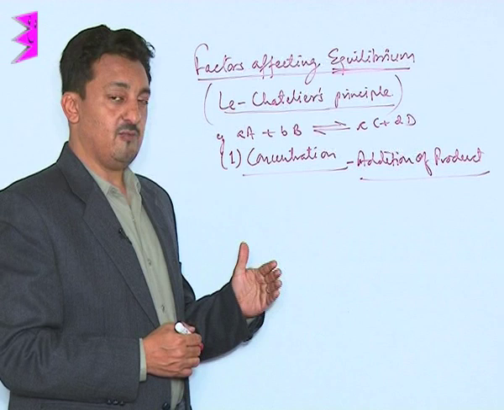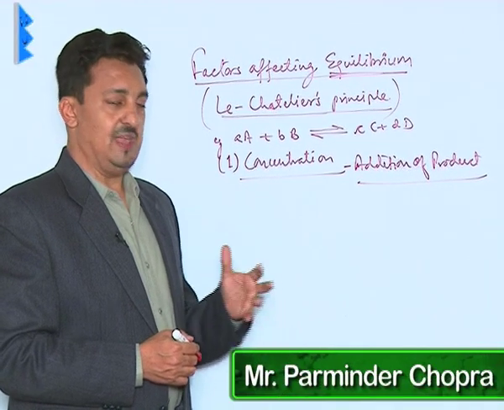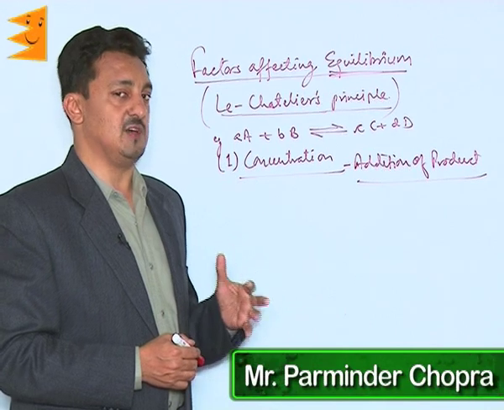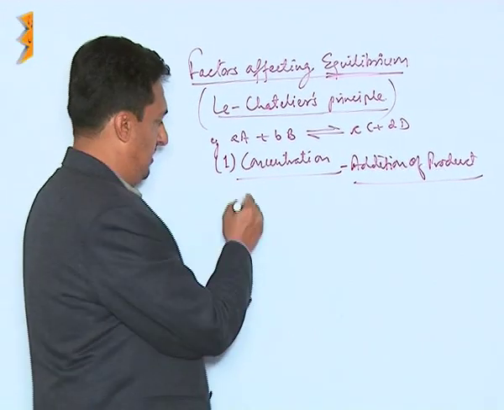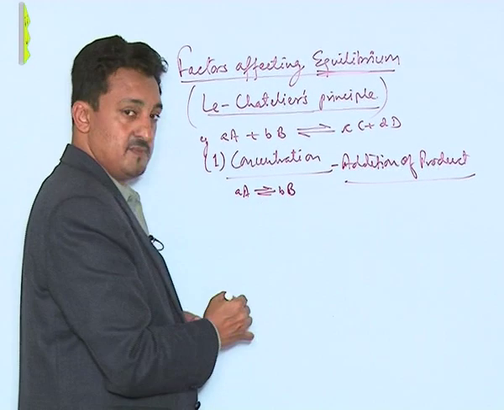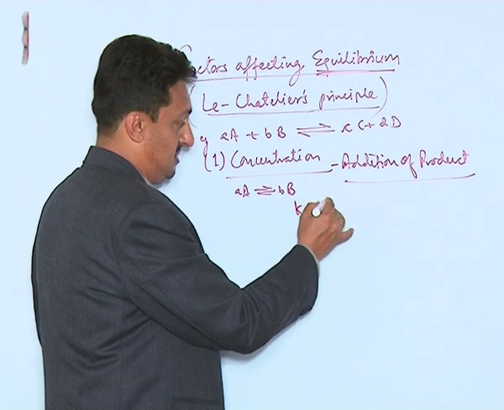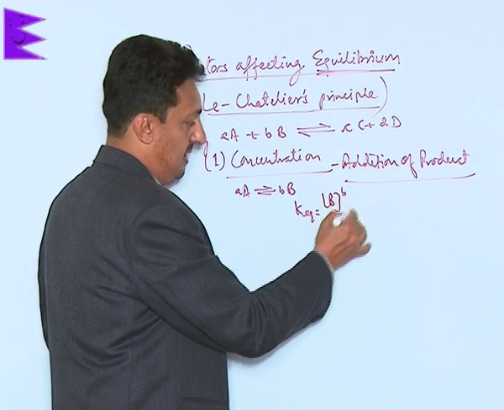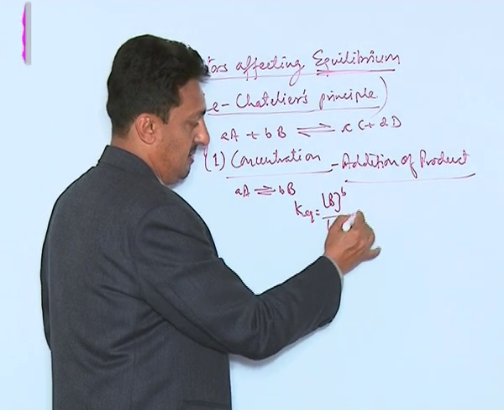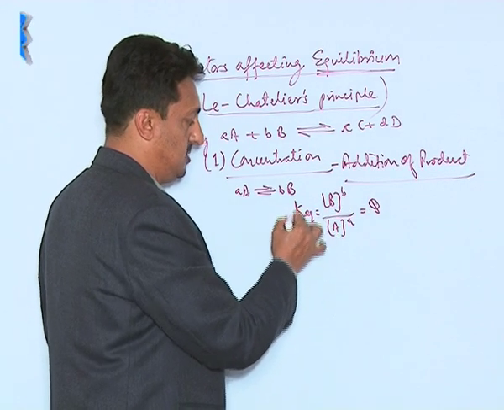Now let us see what happens when a product is added to a reaction mixture which is already at a state of equilibrium. We have an example in which a moles of A changes to b moles of B. We know the equilibrium constant expression, K equals [B]^b over [A]^a, and this will also be equal to your Q, the reaction quotient.